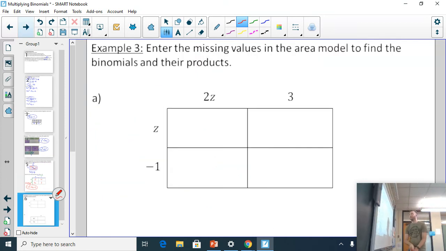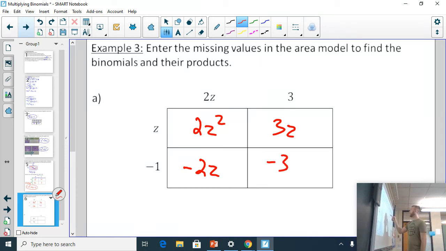So here, let's fill in these area models. We know 2z times z is going to be 2z squared. And then we have 3 times z, which is just 3z. 2z times negative 1 is going to be negative 2z. And then negative 1 times 3 is going to be negative 3.